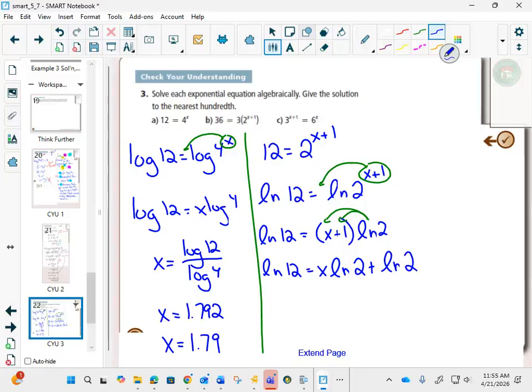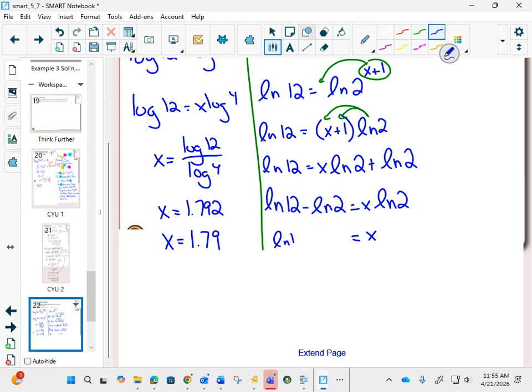And I want to solve for x, so I'm going to put all the things without x's on one side. Opposite of multiplying is dividing, so I divide both sides by natural log of 2.